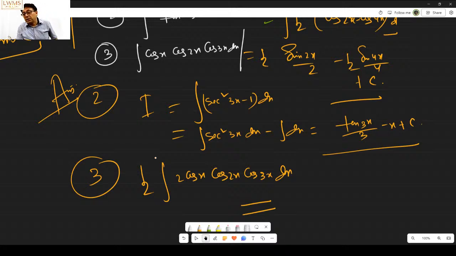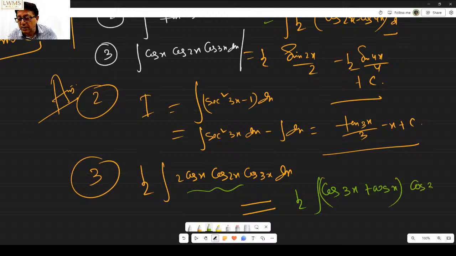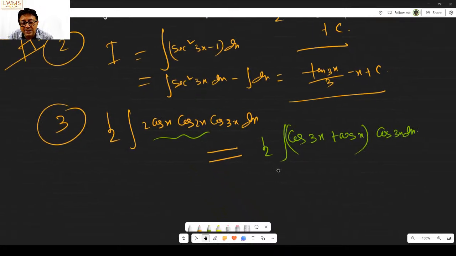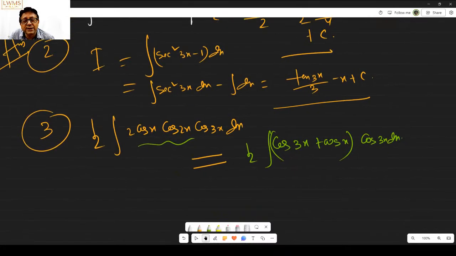Then what to do? It is product of 3 functions. We'll go step by step. We'll write this as half into 2 cos A cos B is cos A plus B plus cos A minus B, cos 3x dx. Alright? Just check once. Have I written correctly? I write the formula better for you.